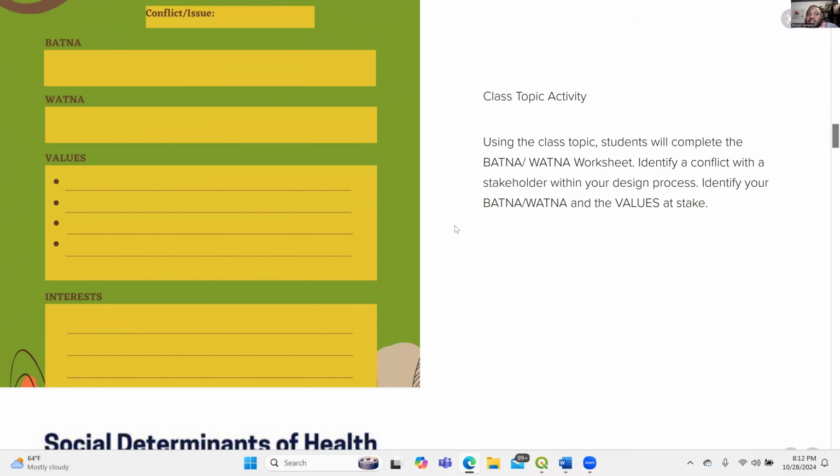And so we're talking about a design aspect. Your site may have an interest or goal that it is trying to address. Again, we're framing this in context of the social determinants of health. So you would address the social determinants of health issue, and identify what that is.